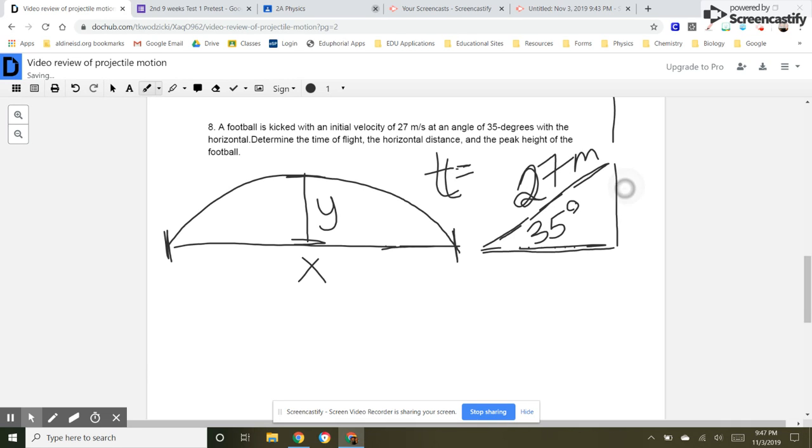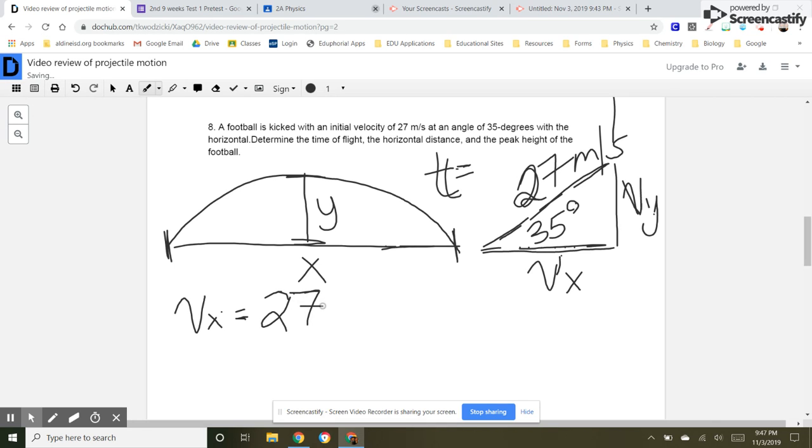Okay, here's my Vy. Here's my Vx. Okay, so Vx is adjacent, so we know that's going to be cosine. So Vx equals 27 meters per second times the cosine of the angle.